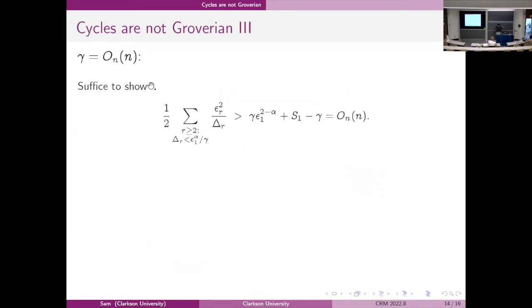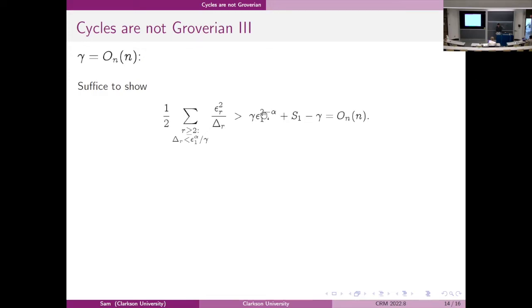Okay, so it suffices to show 1/2 of the first term is bigger than gamma times epsilon 1 to the power 2 minus alpha plus S1 minus gamma. And we focus on the right hand side. We check every term. This is gamma, it's of order at most n, and epsilon 1 is of order 1 over n to the minus 1/2.